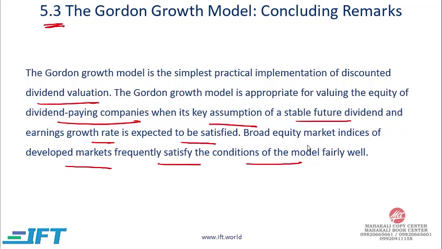So very often financial analysts use the Gordon growth model to figure out whether a given equity market is overvalued or undervalued. When you are taking specific companies, then it makes sense to use the Gordon growth model when the company is expected to have stable growth. If a company is going to have supernormal or very high growth in the short run, then you can't directly use the Gordon growth model. Then you need to use multi-stage models, which we will talk about.